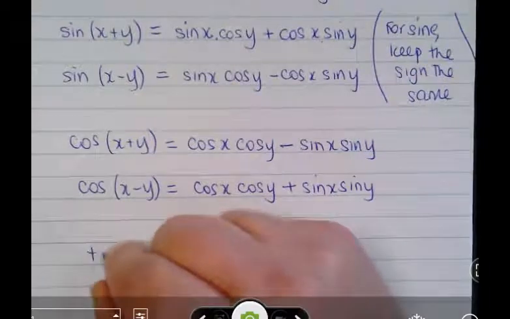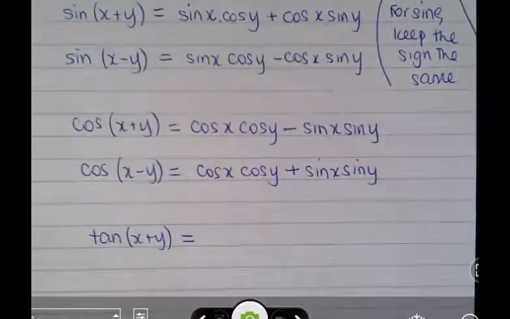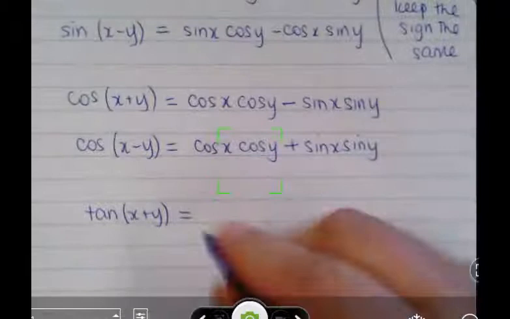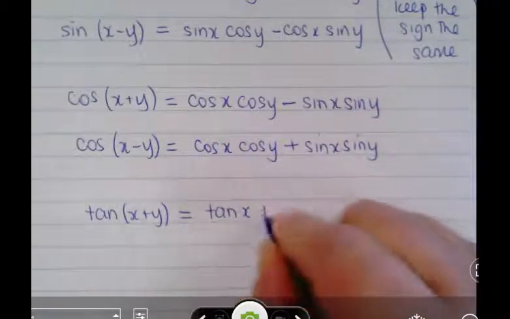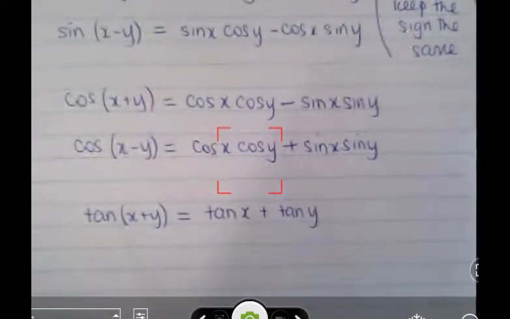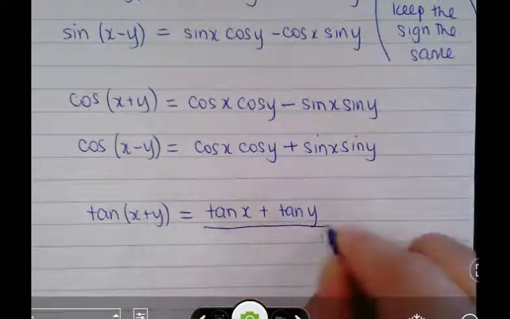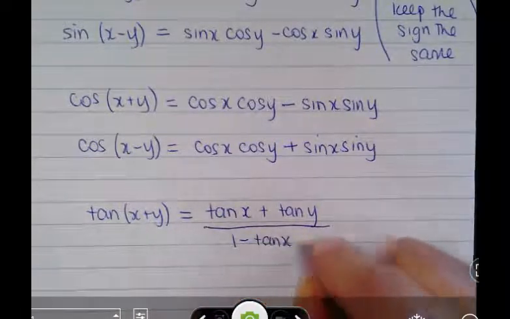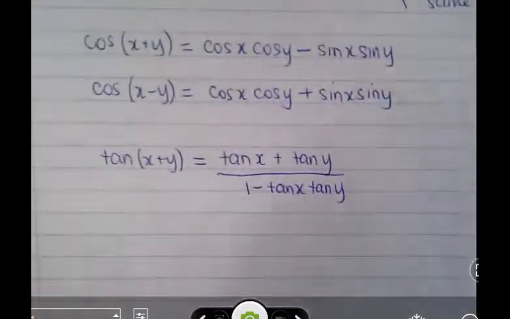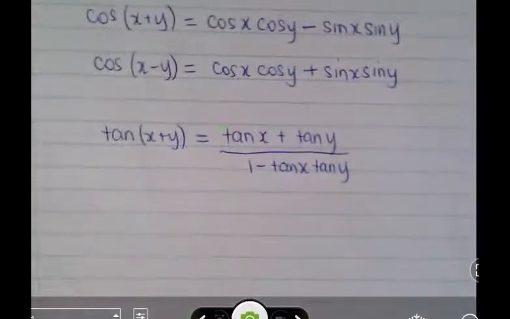Now there are two tan formulas. The tan of x plus y equals, and we'll derive it in the other lesson, a fraction. The numerator is tan x plus tan y, over 1 minus tan x times tan y. So if it's the plus one, the plus is on the numerator. That's the formula for the sum of two angles with tan.